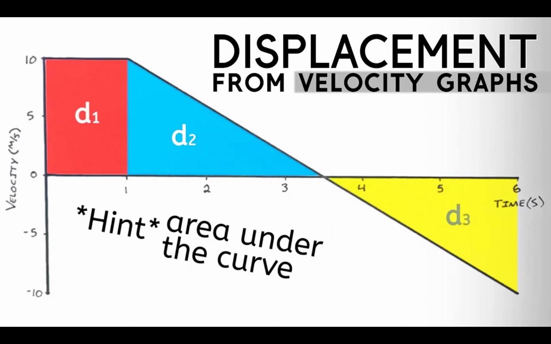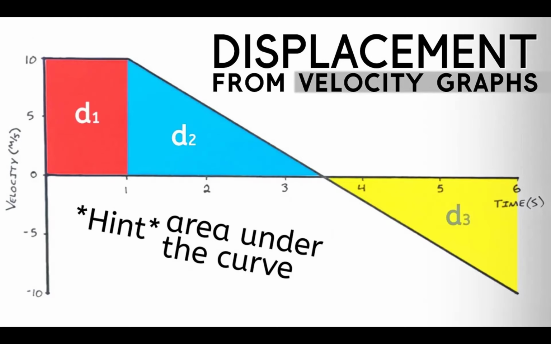And then the yellow one is negative, right? So half times 2.5 times negative 10 is negative 12.5. The areas are equal. So if we add positive 12.5 plus negative 12.5, the total is 0.